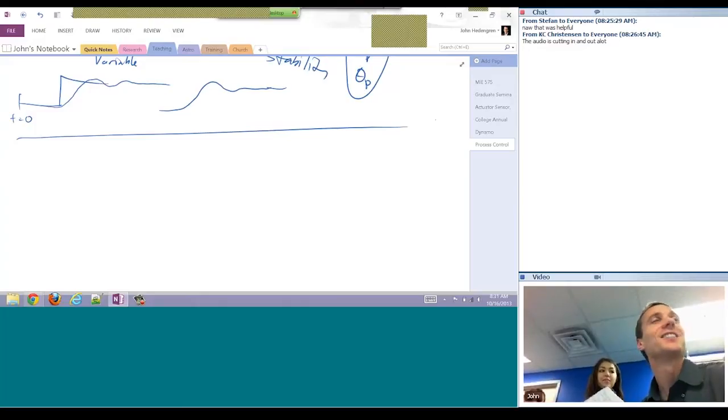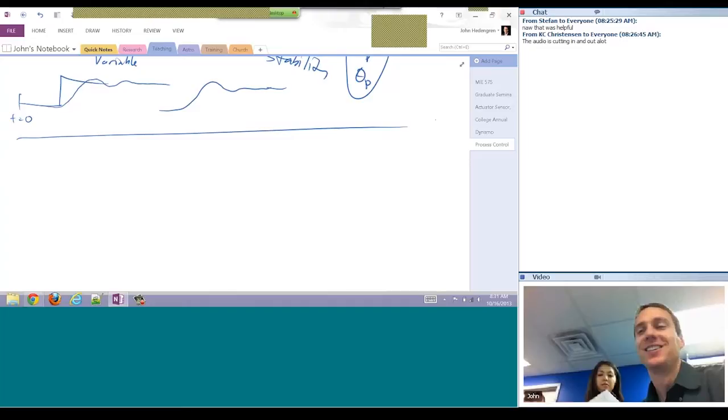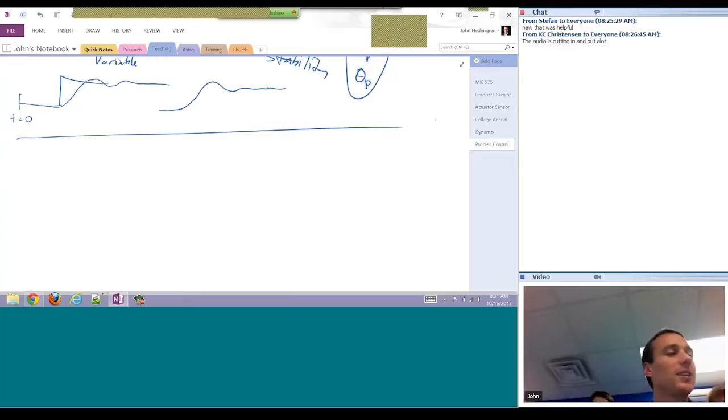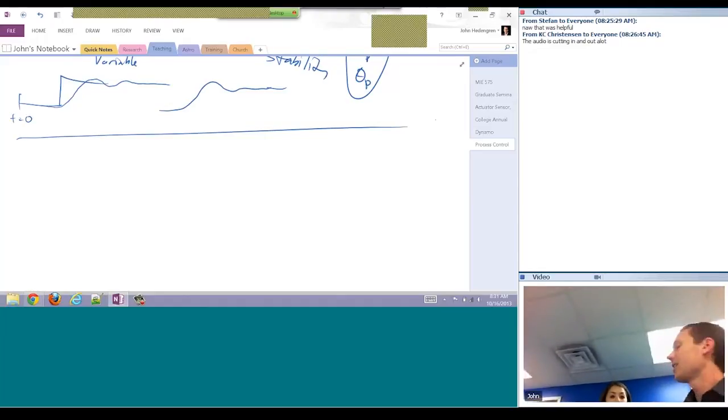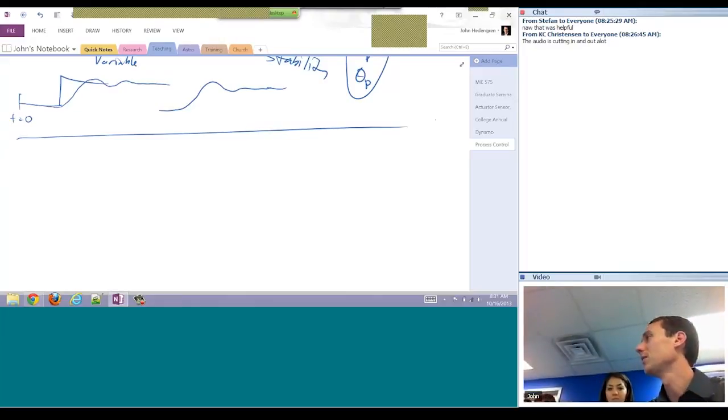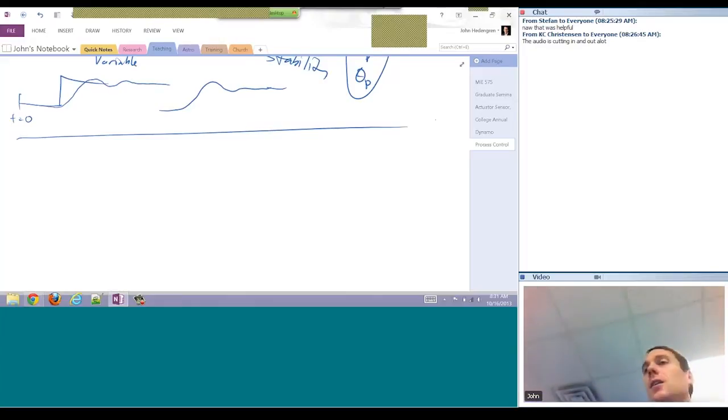Hey, how's it going? Welcome back. So let's go through 8, 9, and 10. You guys can't see other computers, just see the screen.